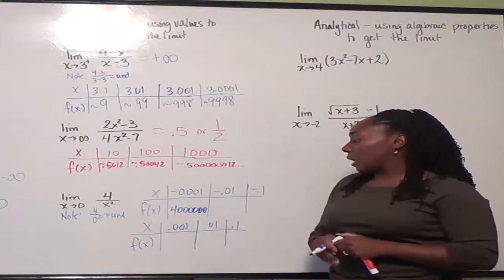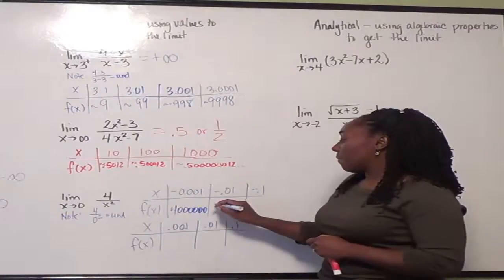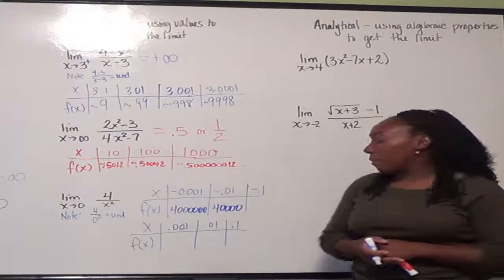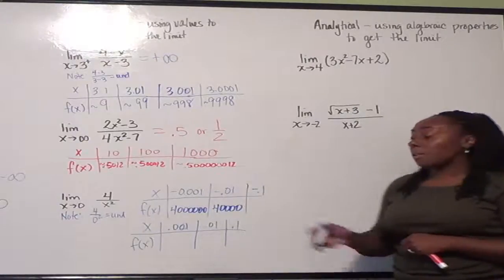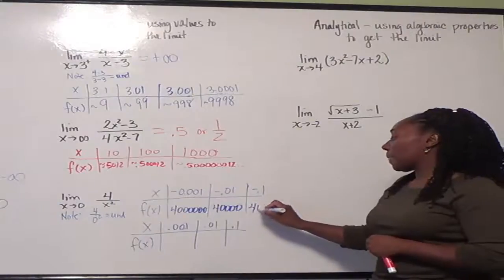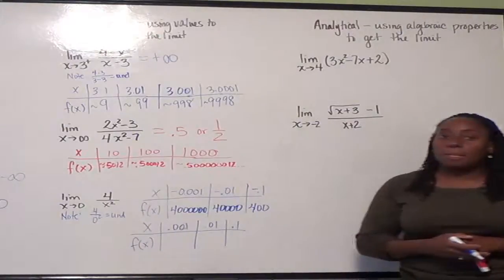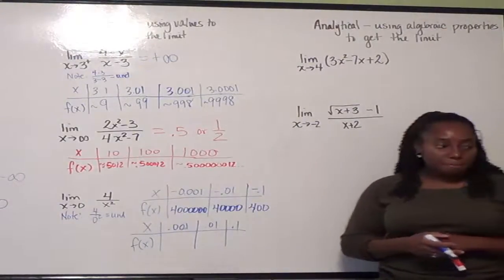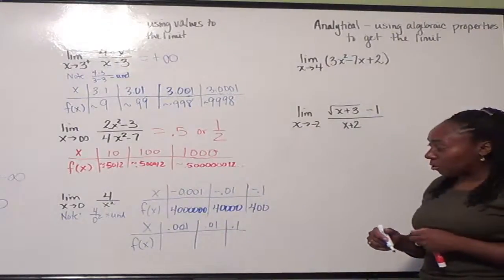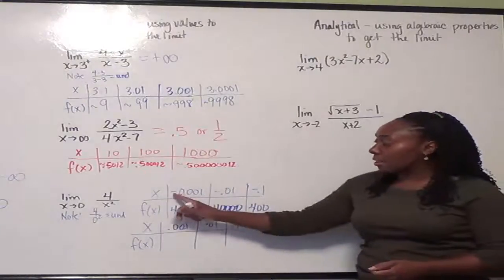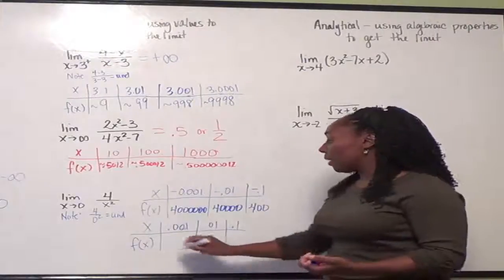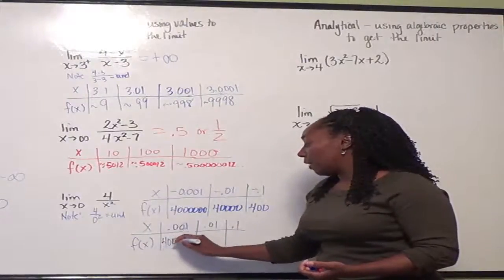If I plug in a negative 0.01, I'm going to get about 40,000. And if I plug in a negative 0.1, I'm going to get about 400. Okay? Now I can do the same thing with the positive side, and what you'll notice is the only difference is when I'm plugging in, I'm squaring a positive number instead of a negative number, and so I end up getting the same values.